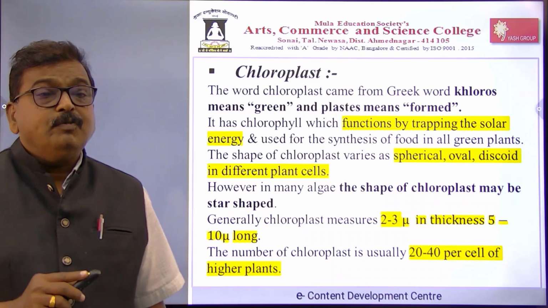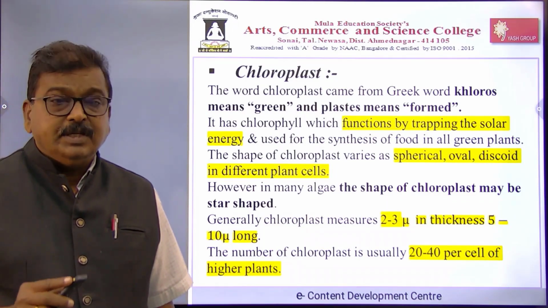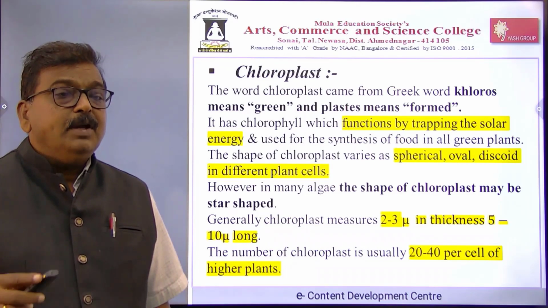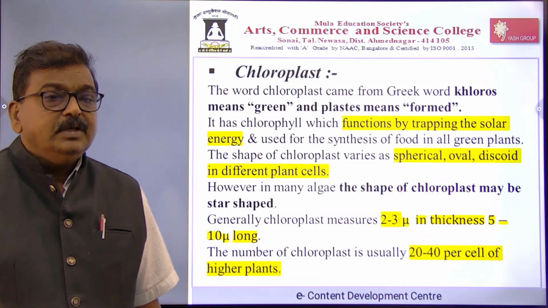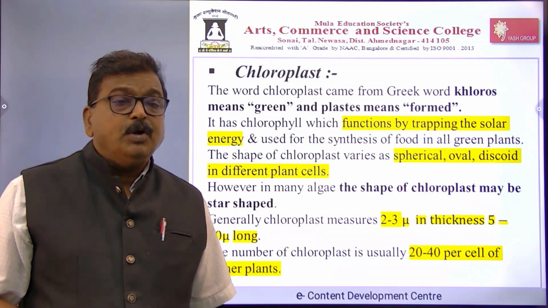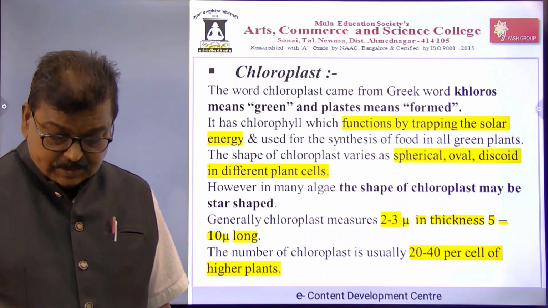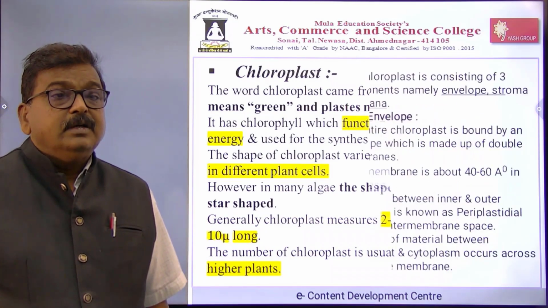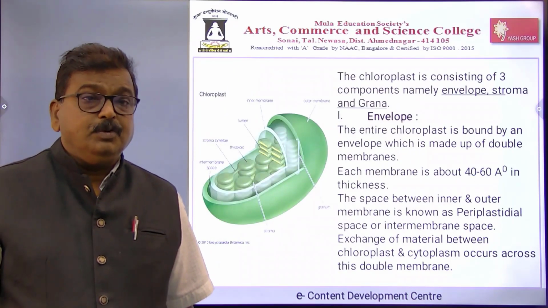Generally, the chloroplast measures 2 to 3 units in thickness, or it may be 5 to 10 units long. The number of chloroplasts may be 20 to 40 per cell in a higher plant. This is the information about the chloroplast. Now, the structure of the chloroplast.